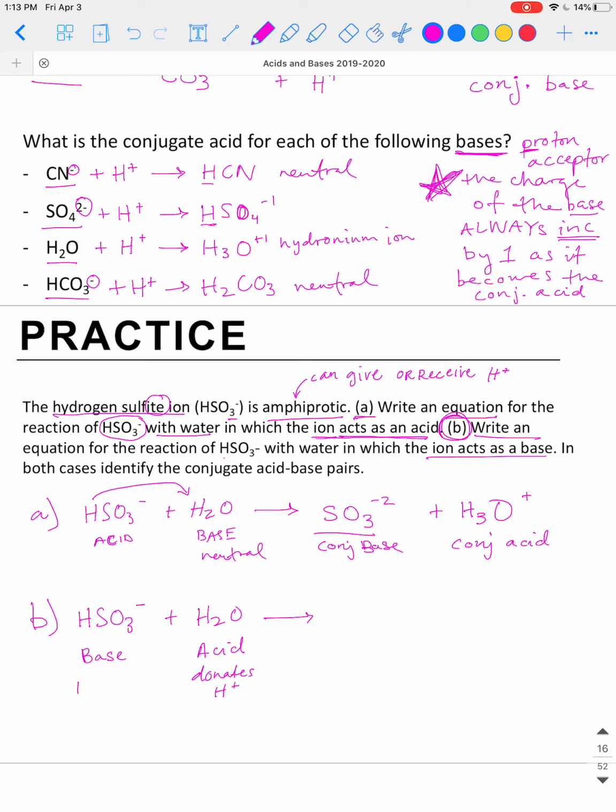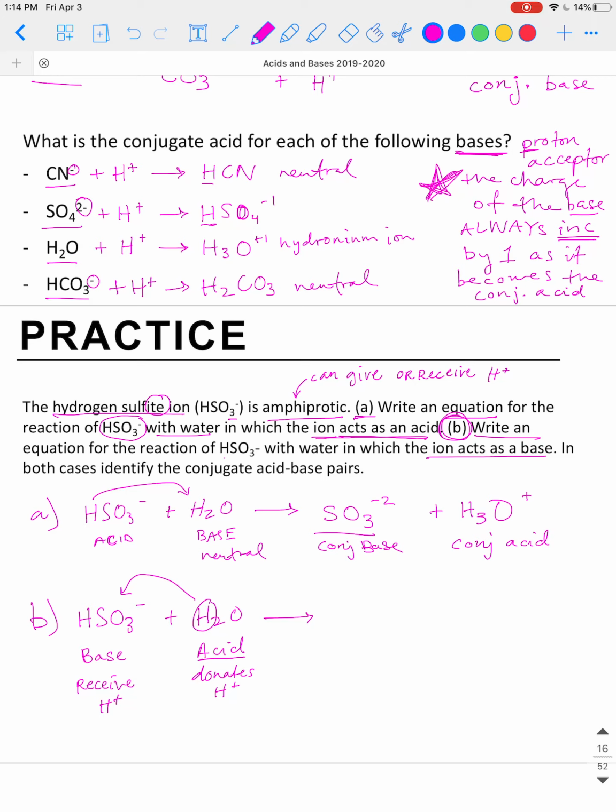Well, we know an acid donates H+. The base is going to receive or accept it. So one of these hydrogens is going to come over here.